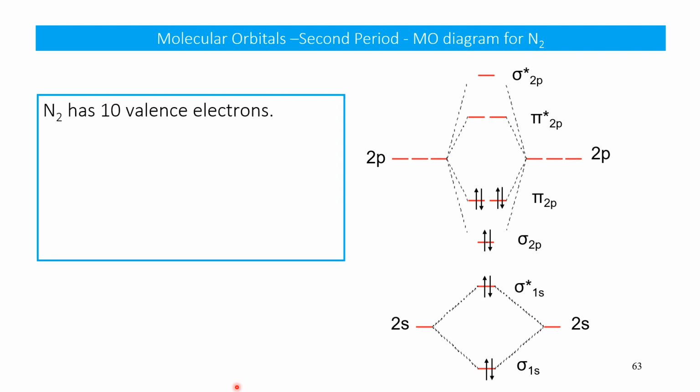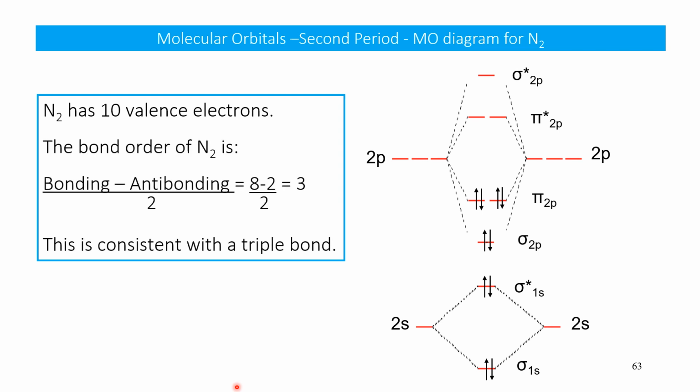When you do the calculations, the number of bonding electrons is 8, minus the anti-bonding, which is 2, and you divide that by 2, you end up with a bond order of 3. This is, of course, a triple bonded species.